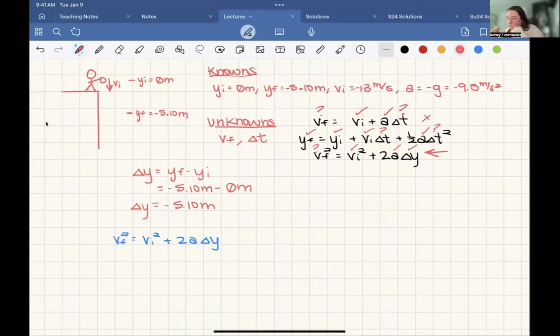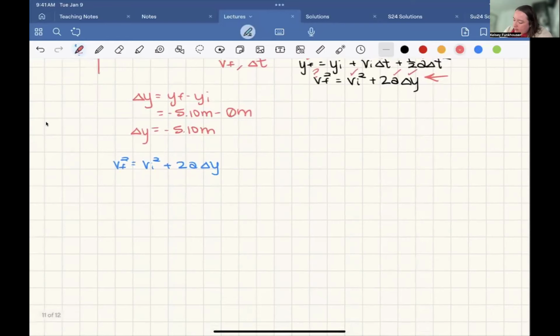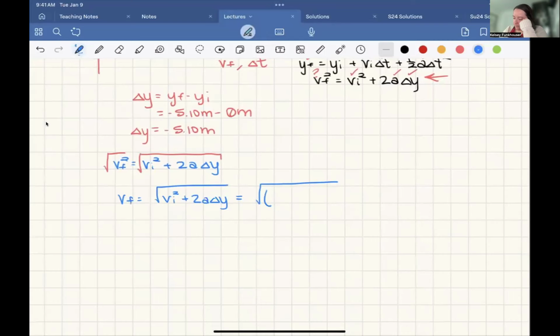We've got to remember that, although it's squared in this equation, so it's not going to change things. I think the only thing we need to do is square root both sides to solve for V final. So that'll give us V final equals the square root of V initial squared plus 2 acceleration times the displacement.